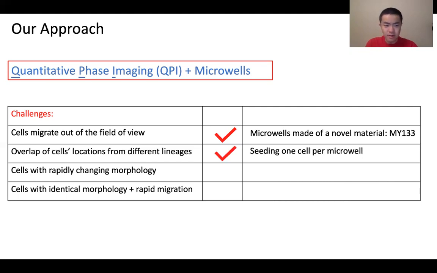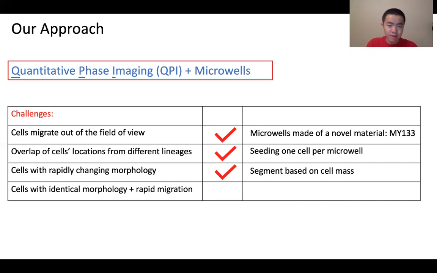It also helps with the overlapping problem from different lineages because we can seed one cell inside each microwell. This gives us much better management of the location of different lineages.